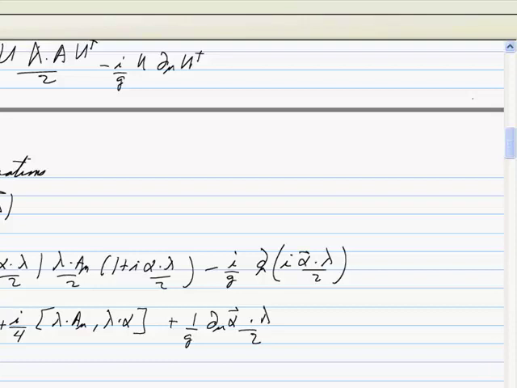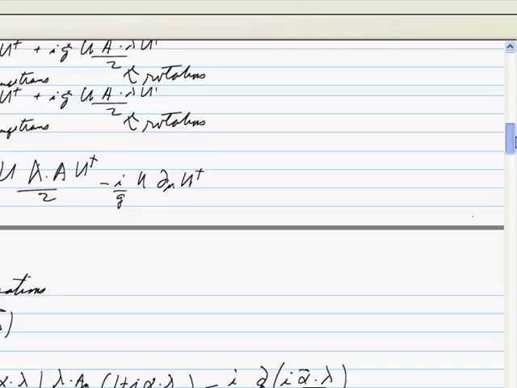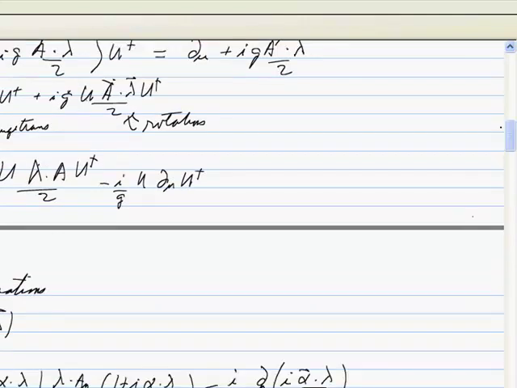Let's see, where are my i's? I'm a little worried about screwing up my i's too. The cross terms actually don't, because it turns into the commutator.